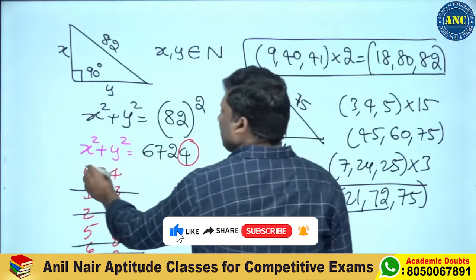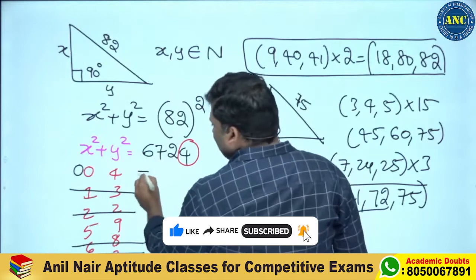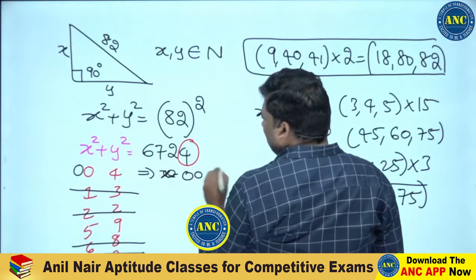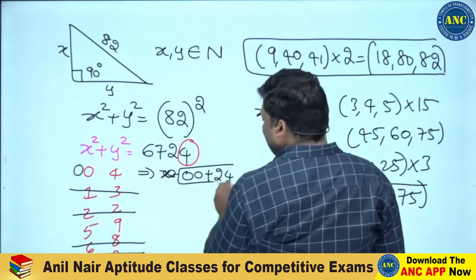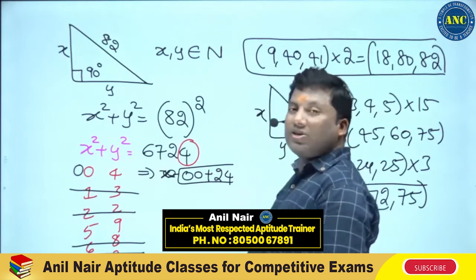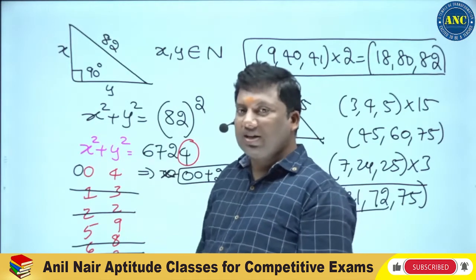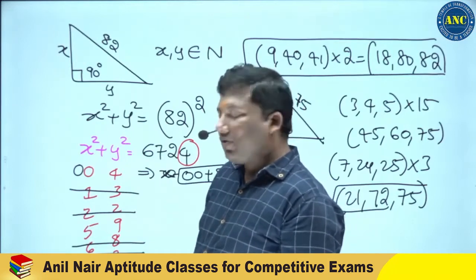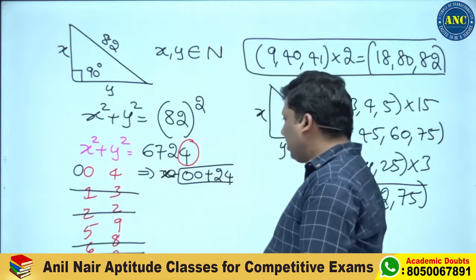A perfect square ends with an even number of zeros. That means in the first case, x can be 00 and y can end with 24. What is the smallest number whose square ends with 24? 28 square is 784, 22 square is 484, 18 square is 324.